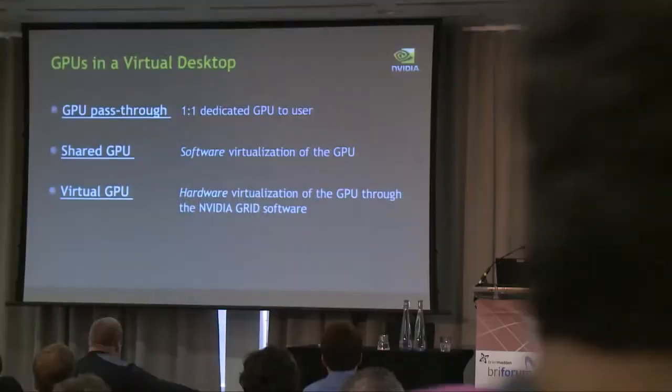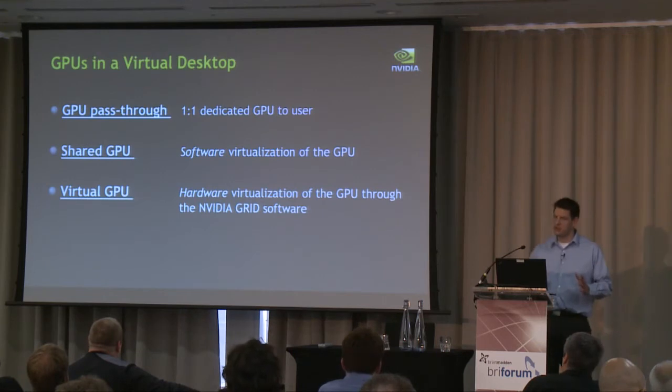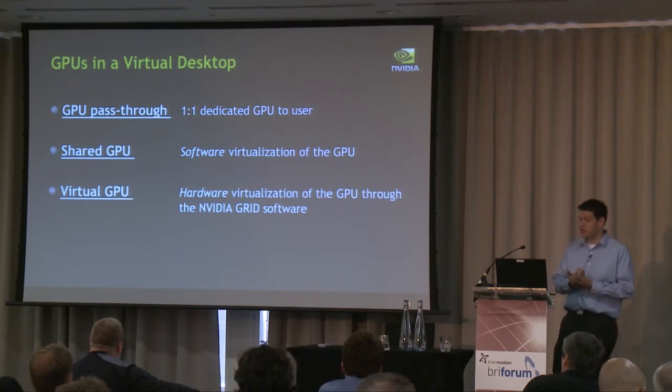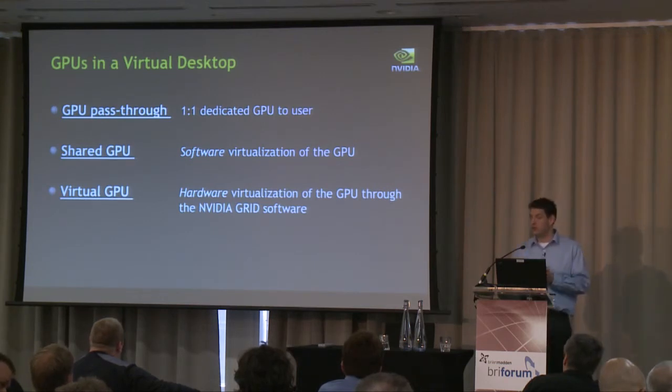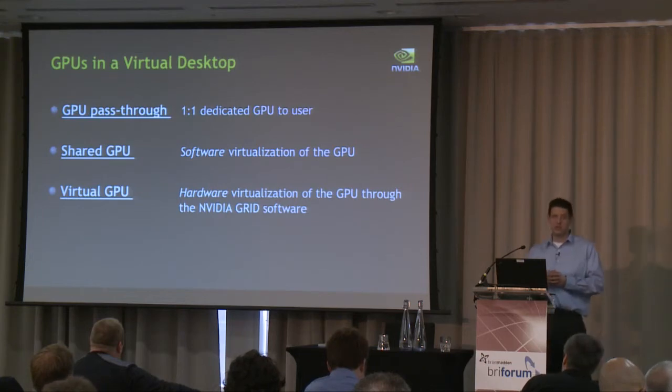So this essentially was how a server looked before you put a GPU into it. Now, if you want to add a GPU, you have multiple options. I will be talking here about 3 different options. The first one is GPU pass-through. That's a one-on-one dedicated GPU per user. The second one is shared GPU.